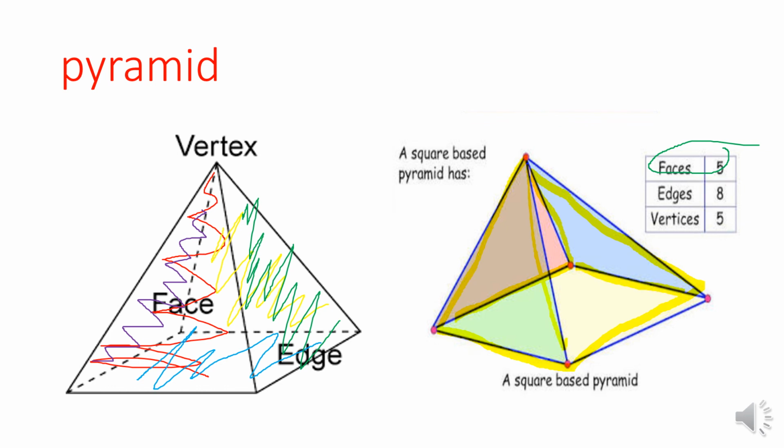So there are 8 edges in the pyramid. Lastly, I will count the vertices or I will count the corners. Let's count together. 1, 2, 3, 4, and 5. So there are 5 vertices. So in the pyramid we have 5 vertices, 5 faces, and we have 8 edges.